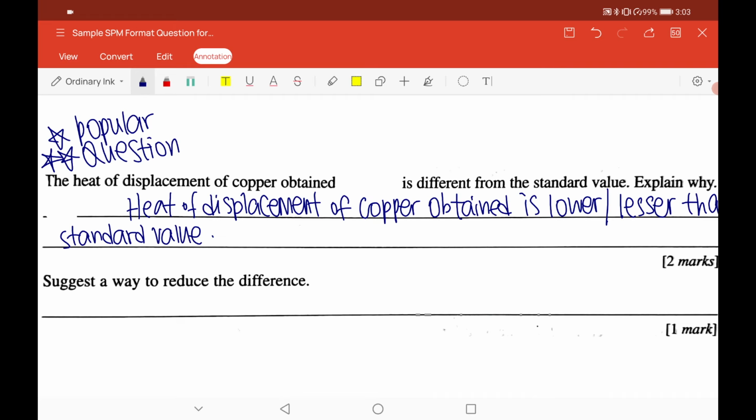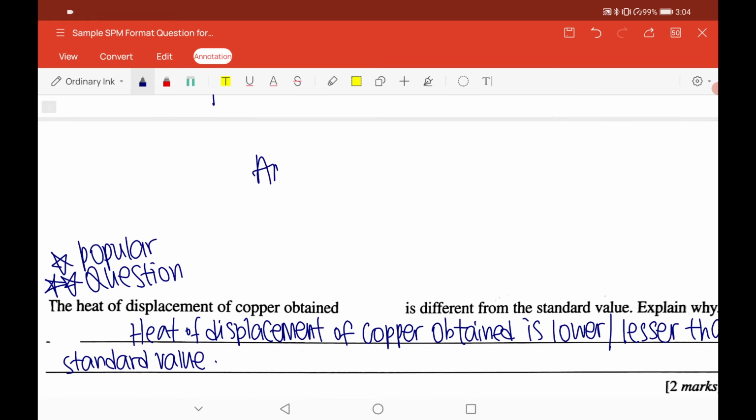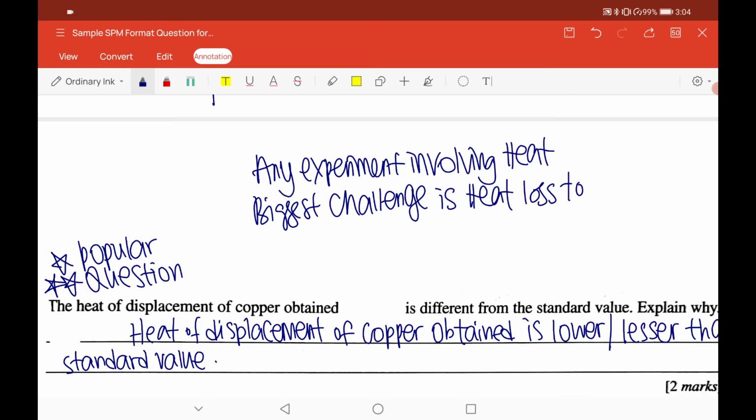Why is the heat lesser? As I mentioned to you previously, when we do any experiment that involves heat, like heat of displacement, heat of neutralization, heat of combustion, heat of precipitation, the biggest challenge, the biggest problem, is always heat loss to the surrounding.